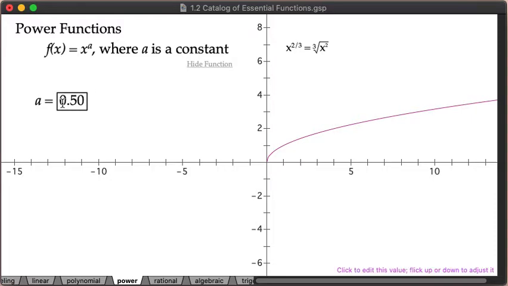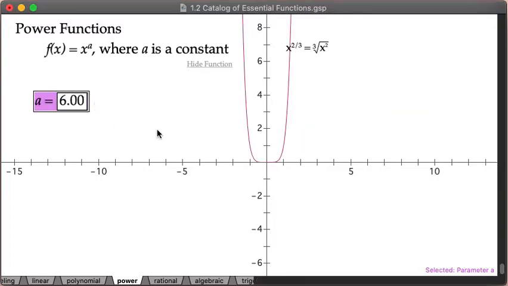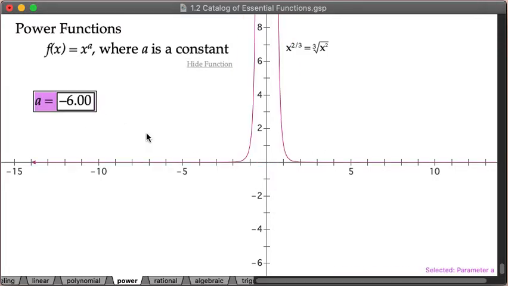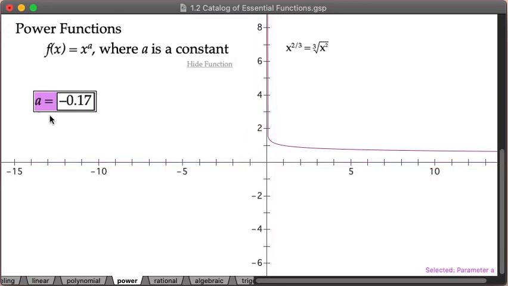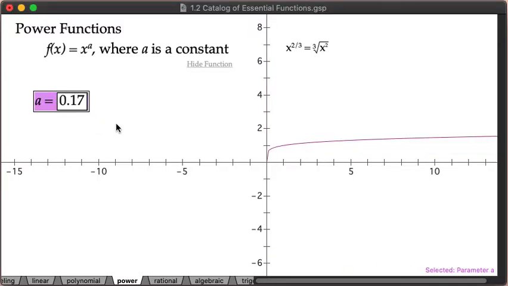Positive integer powers have one behavior, very different from negative integer powers, which have a different behavior, which is different from fractional powers. That's another behavior. And then negative fractional powers. Oh my goodness. And what if we had not fractional powers, but irrational powers? What if I put in a power of the square root of 3 or of pi?